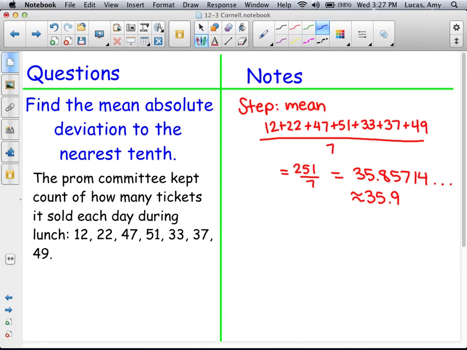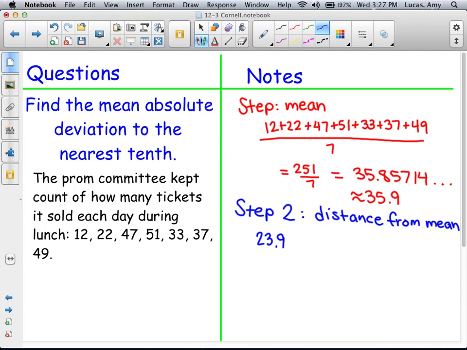Now, step 2, I have to figure out how far away each of my numbers is from that mean. So distance from the mean. The first number was 12, so 12 and 35.9 are 23.9 units away from each other. I found that by subtracting.